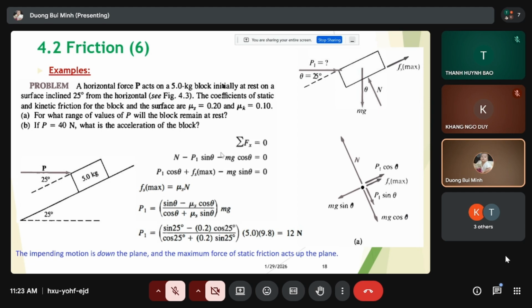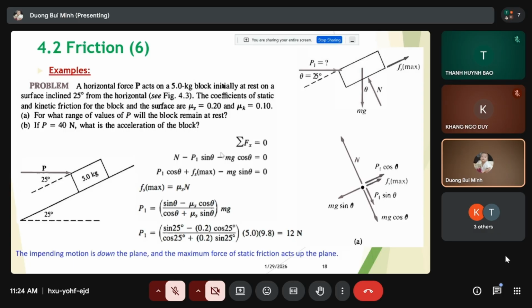Anyway, I will draw this here. We have the object, and we know this angle is theta. So this one is mg, and you get mg cosine theta and mg sine theta.